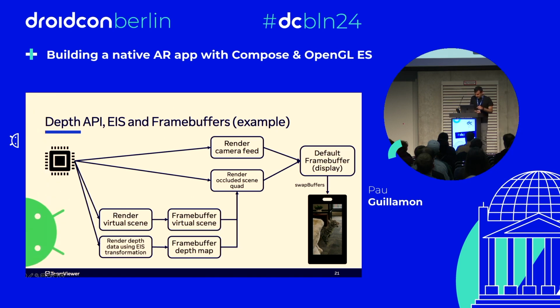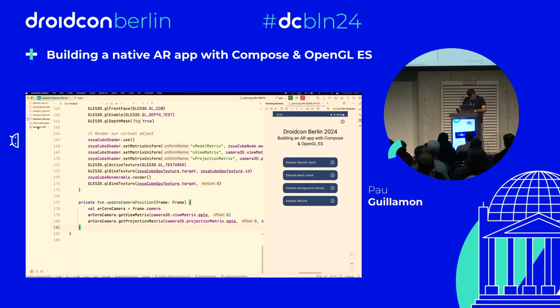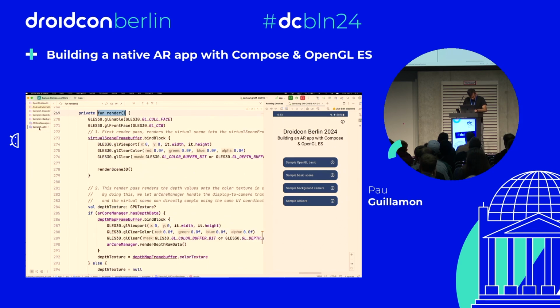Let's quickly see that in the sample app again. Here, this renderer implements this process I just mentioned. As a first render pass, rendering the 3D scene on a frame buffer called virtual scene.